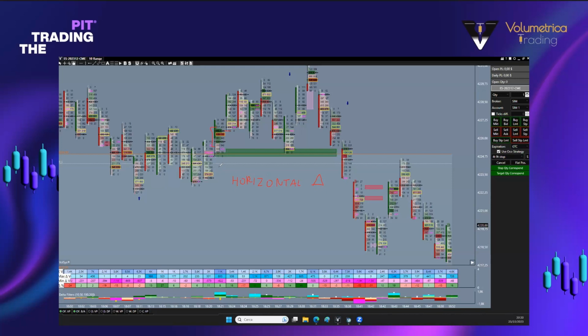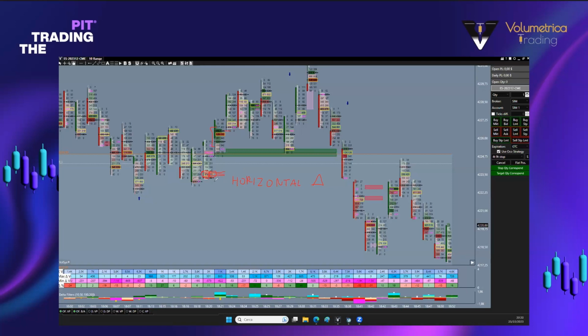What do I mean by horizontal delta? That's the difference between buyers compared to sellers taken horizontally. So the comparison we make in order to calculate the delta, the difference, and according to that, who was more dominant, who has been trading more contracts on one specific side.